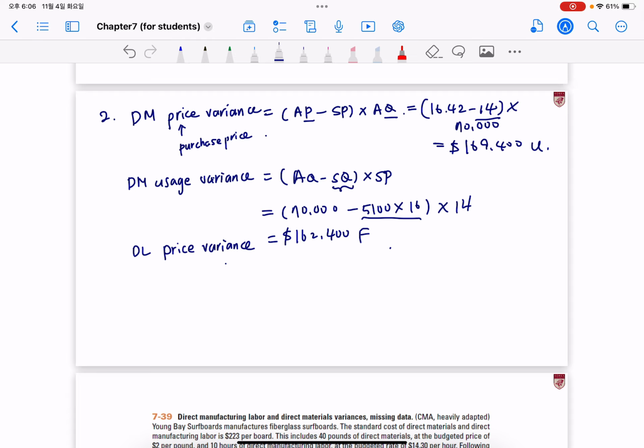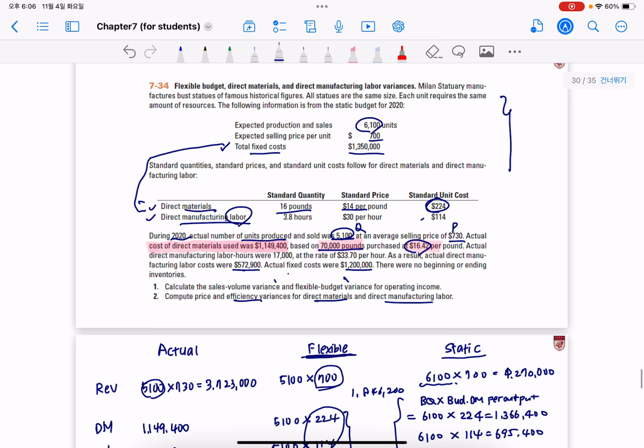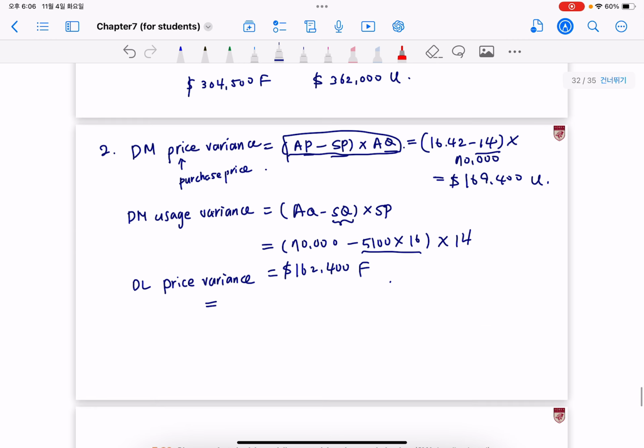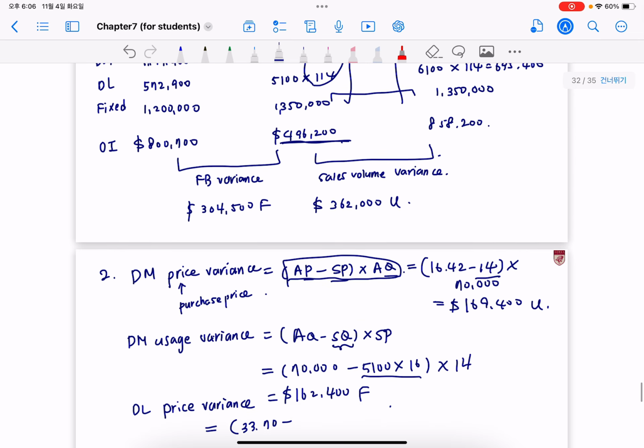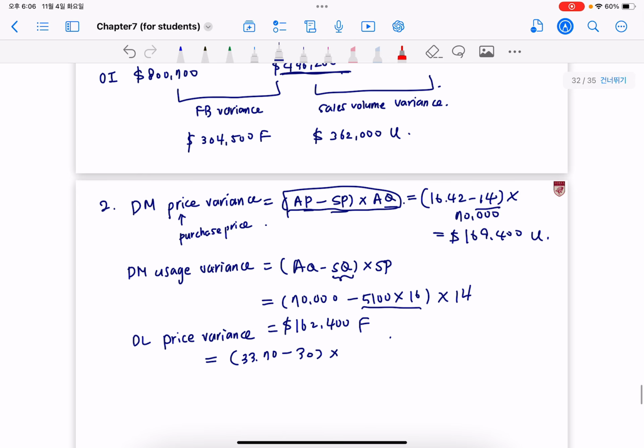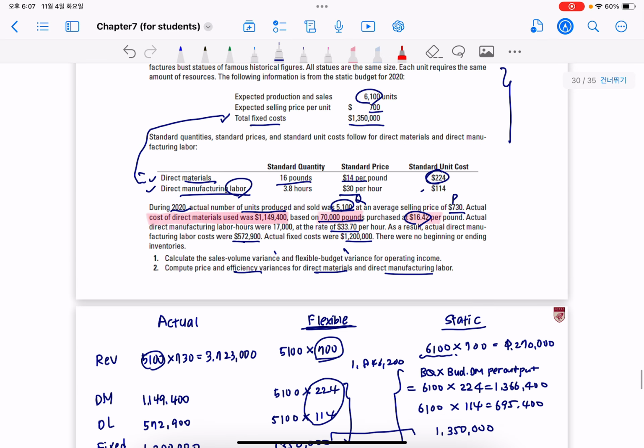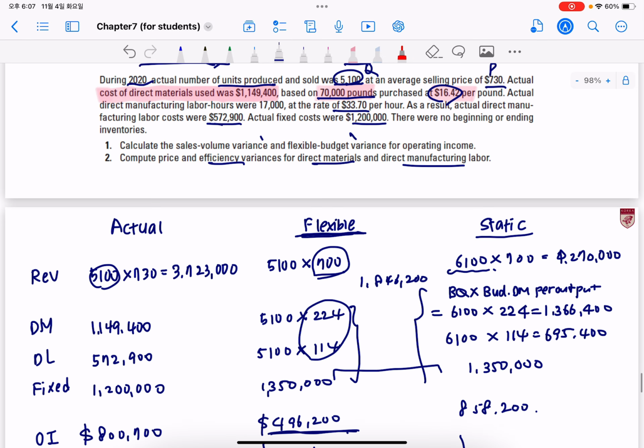So the DL price variance can be calculated using the same thing, right? Actual price minus standard price times actual Q. So actual price is given as 33.70, and the standard price is given at 30, times the actual quantity, which is the actual labor hour used, which is given here as 17,000.